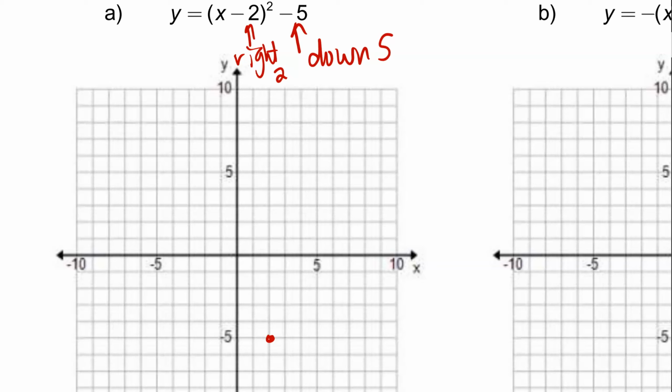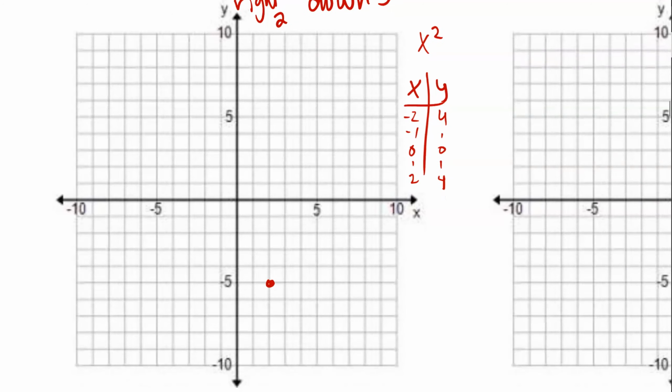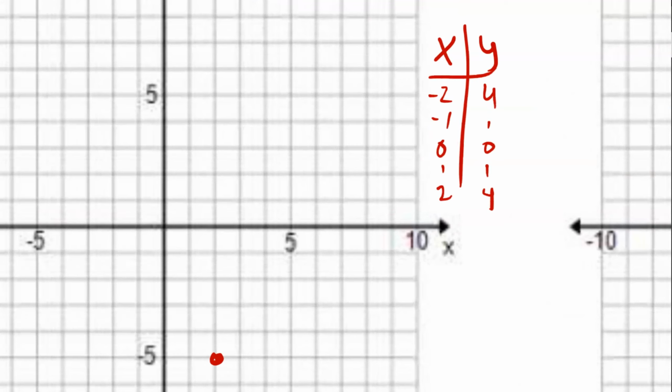So if that's my vertex, I'm going to act like this is my general xy. What were my inputs? Let's say -2, -1, 0, 1, 2, and the outputs 4, 1, 0, 1, 4. Those are my xy coordinates that we always use. I could plug in, but this is a way to do it without having to do lots of math.